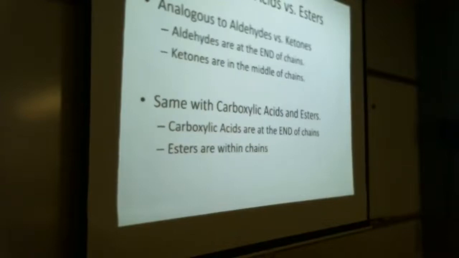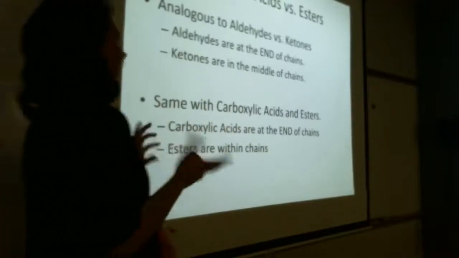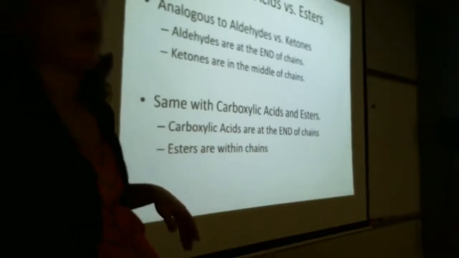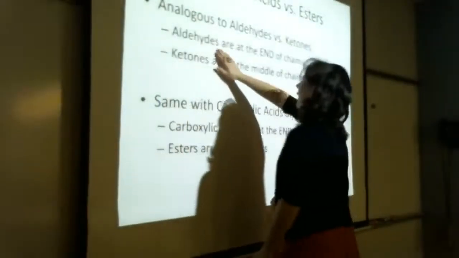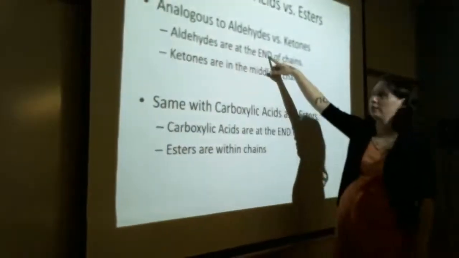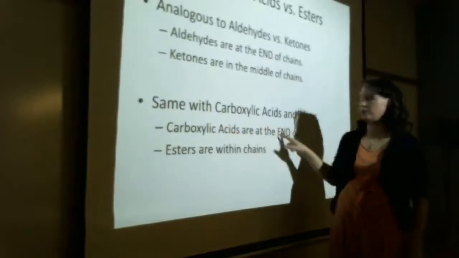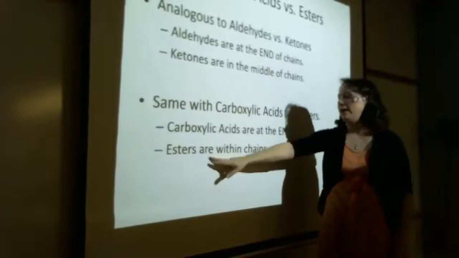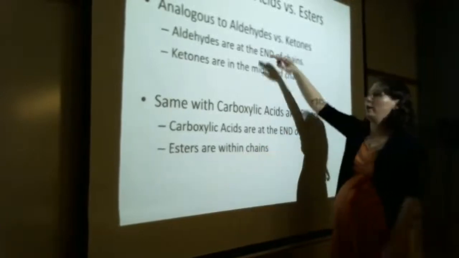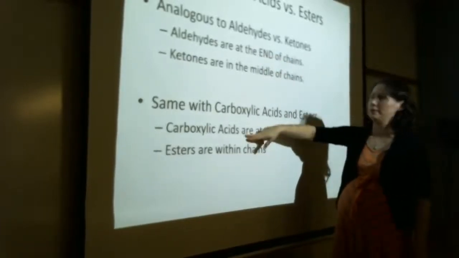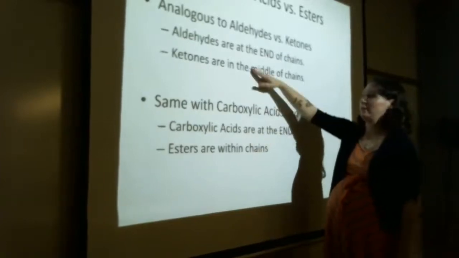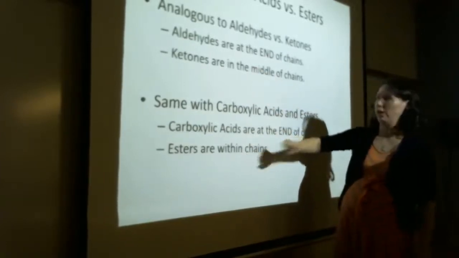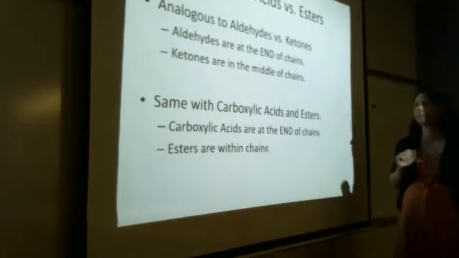When we talk about carboxylic acids and esters, they're analogous to aldehydes and ketones. Remember, aldehydes were at the end of the chain, right? Well, a carboxylic acid is also at the end. And a ketone is in the middle, right? Well, an ester is in the middle. So aldehydes are carboxylic acid analogs, and ketones are ester analogs, in terms of where they're located.